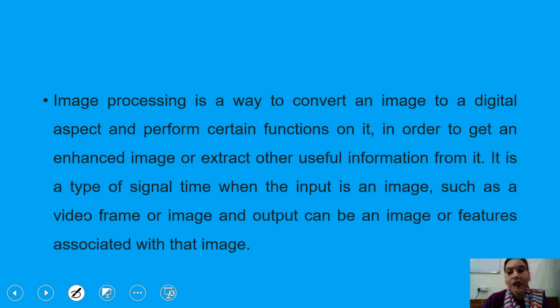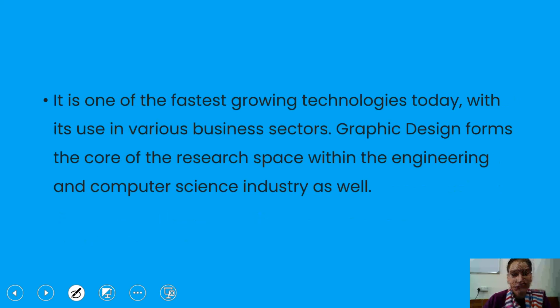Image processing is a way to convert an image to a digital form and perform certain functions on it, in order to get an enhanced image or extract other useful information from it. It is a type of signal processing in which the input is an image, such as a video frame or image, and the output can be an image or features associated with that image.